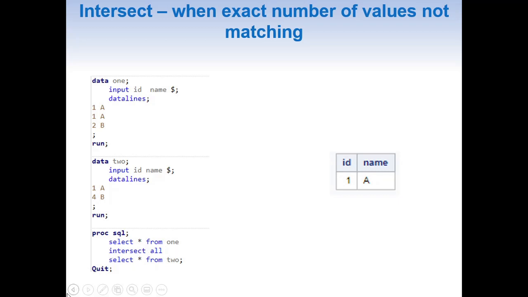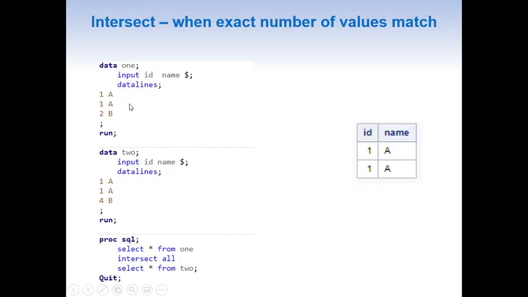We can understand this better by looking into another example, and we will quickly come back and I will address this in a minute. If we see the data sets here, I have 1A, 1A and 2B in dataset 1. In dataset 2, I have 1A, 1A and 4B. If you see the result here, I have 1A, 1A. What can I interpret here? To understand intersect, we need to understand that whenever I have 1A here and a 1A counterpart here, that means it has a match.